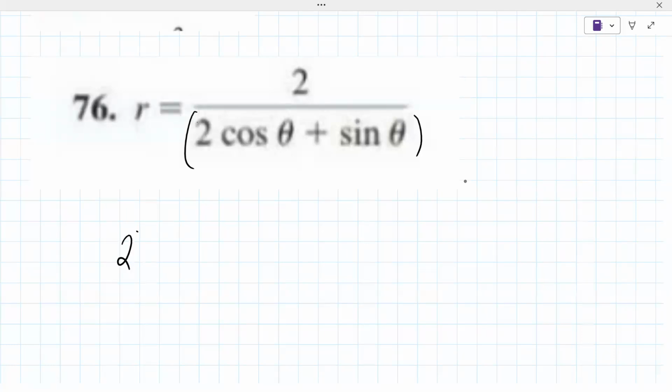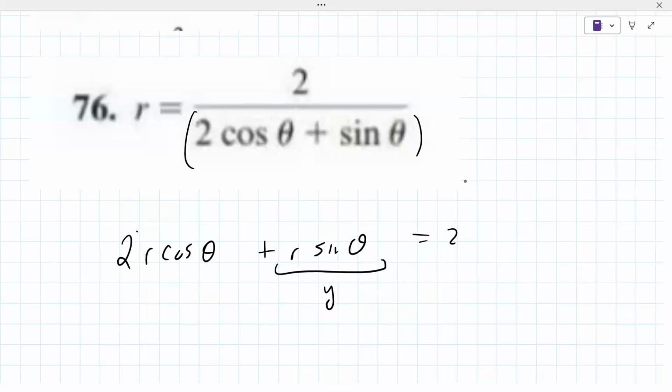Okay, so then it'd be 2x plus y equals 2. I was going to write 2r cosine theta plus r sine theta, but that becomes y and x. Now can you solve that for y? It's a linear equation. y equals 2 minus 2x. Yeah, or minus 2x plus 2.